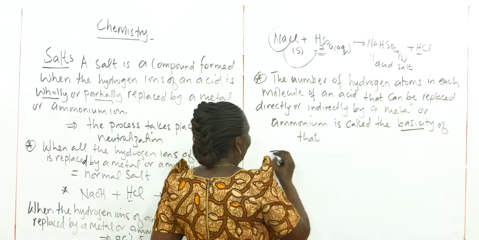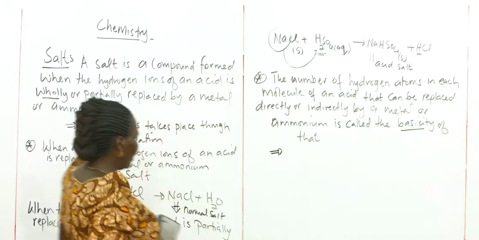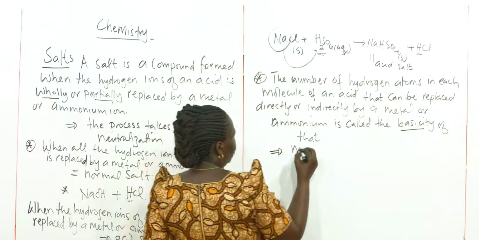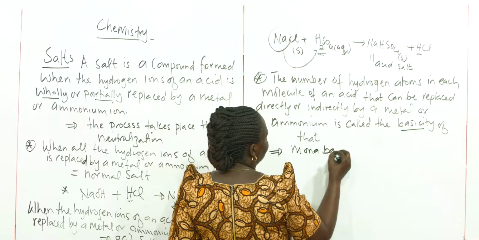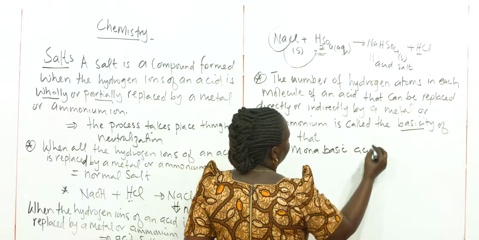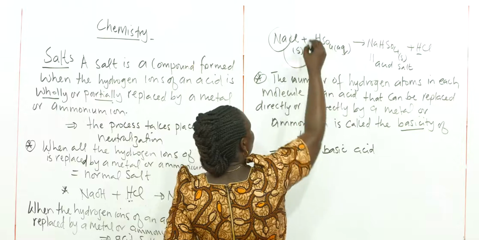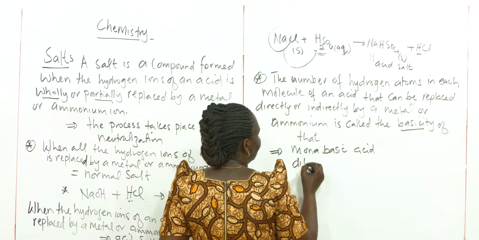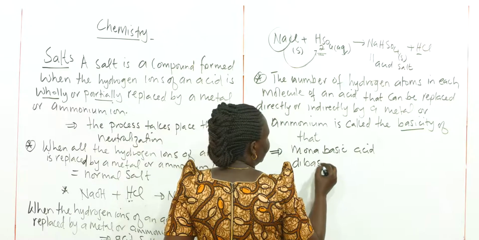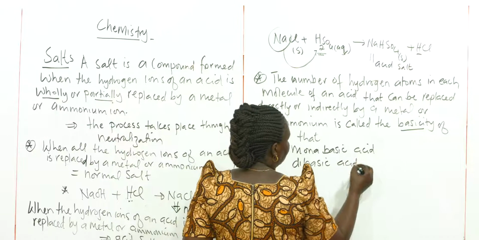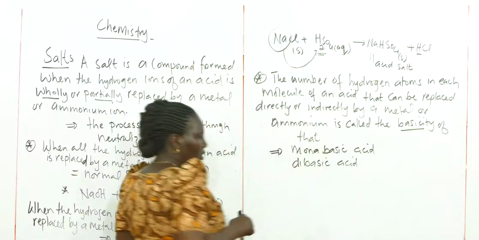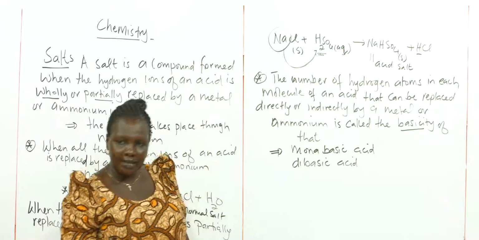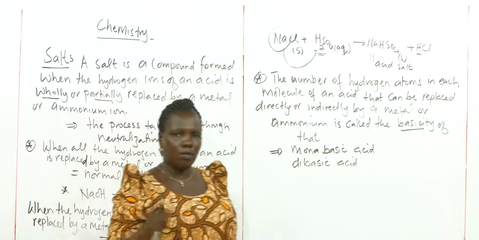If an acid has one hydrogen atom, we call it a monobasic acid. And if an acid has two hydrogen atoms that can be replaced, this is called a dibasic acid. So acids can be monobasic or dibasic based on the number of hydrogen atoms that can be replaced by a metal or ammonium ion.